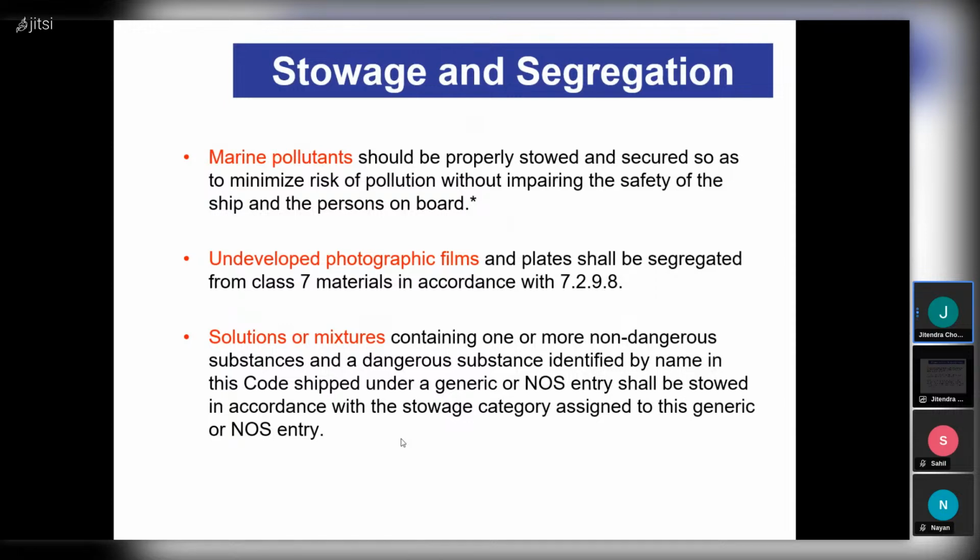Then solutions or mixtures containing one or more dangerous and non-dangerous substances, and a dangerous substance identified by name in this code, shipped under a generic or NOS entry, shall be stored in accordance with the storage category assigned to this. So you already have it in the storage table. If you want to make an exception, you have to collect the evidence papers and talk to the DG.